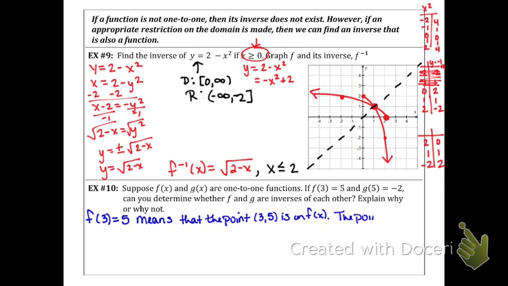So the point 3, 5, so the inverse would be 5, 3. So the point 5, 3 would need to be on g of x for them to be inverses.